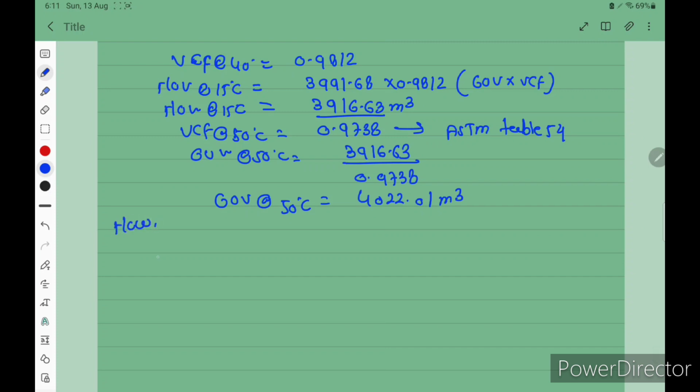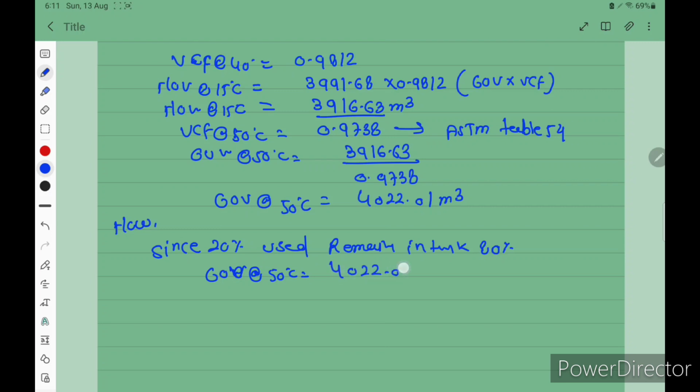Now since 20% is used, the remaining in the tank is 80%. So gross observed volume at 50 degree centigrade is equal to 4022.01 into 80 divided by 100, which is equal to 3217.6 meter cube.